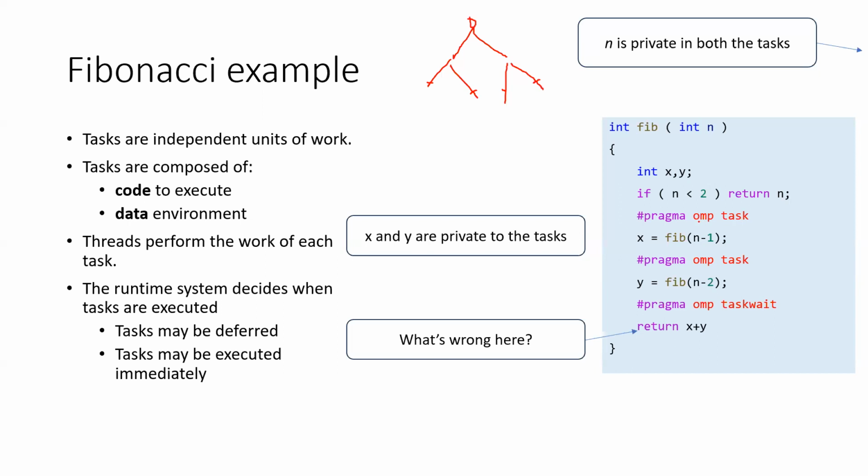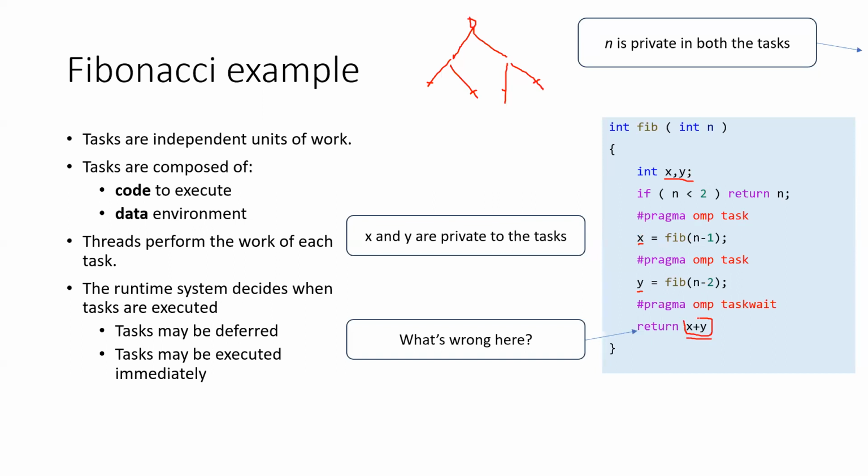But unlike that, in OMP task, when you say int x, y, although they are part of the scope of the master thread, x and y are by default private here. So there is a problem with this. Even if you run this program, when you try to add these, it will just use the default value, which is garbage, and the value written by Fibonacci of 3 or 2 will not be reflected in the answer.